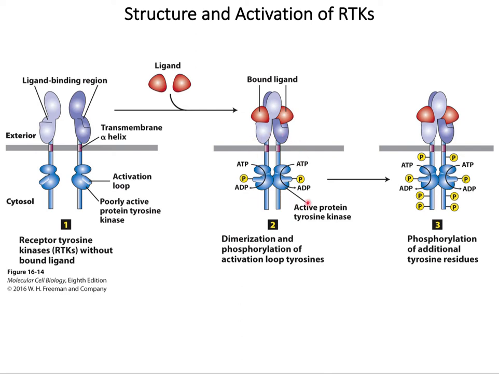So it's actually an autophosphorylation event. The receptor tyrosine kinase, once activated, phosphorylates its own tyrosines. So you can see in step 2, you have the beginning of phosphorylation of the catalytic domain. And then as the activity increases, you get multiple phosphorylation events on the catalytic domain. So this is the first step of the activation of the receptor tyrosine kinase.